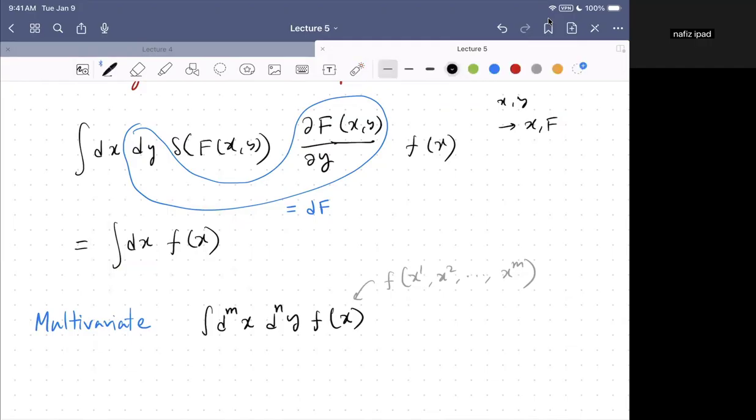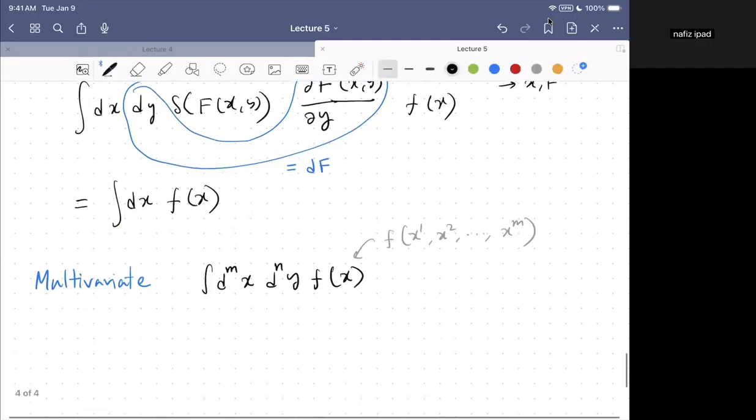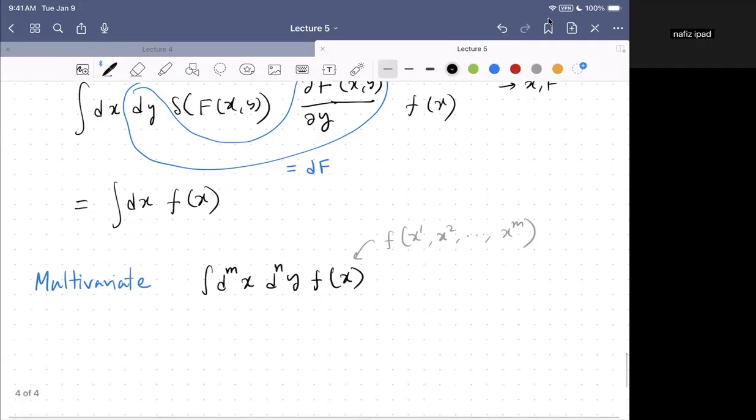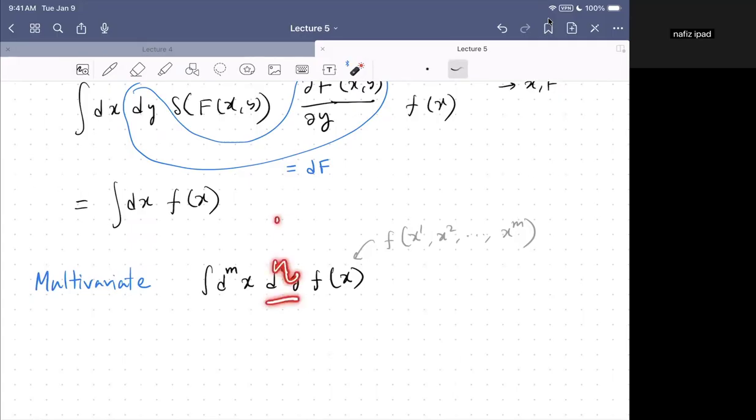So we are going to mimic that situation here. First note that you want to kill off n variables, y1 through yn, that do not enter your integrand. So in order to kill off n variables, you need n constraints. Each constraint will kill off one variable. So now you have to choose n functions.